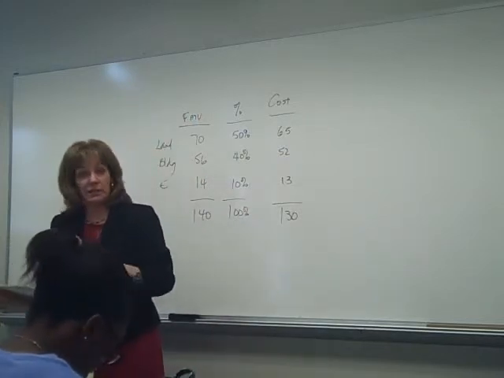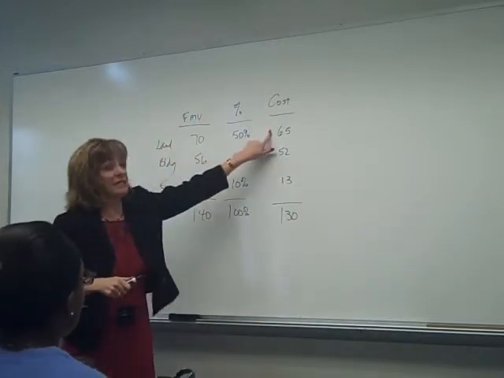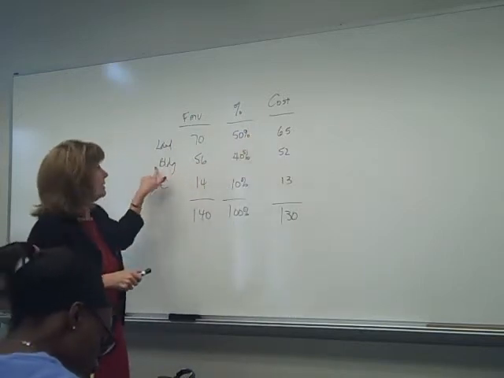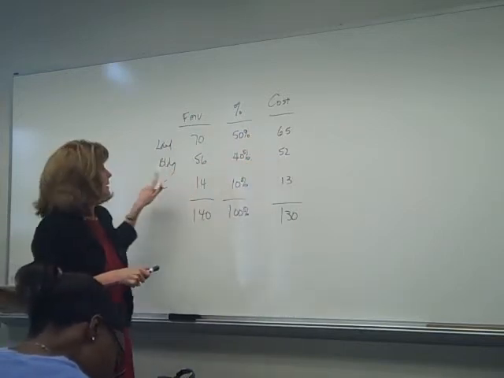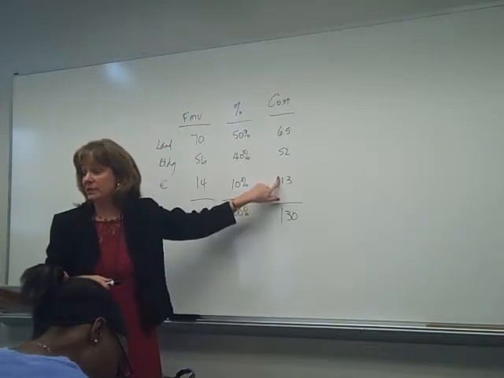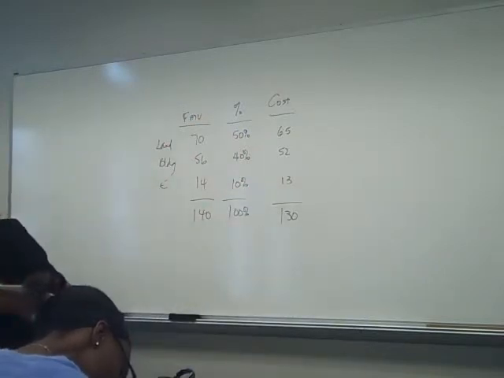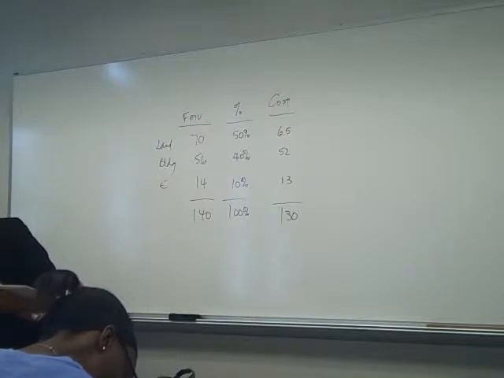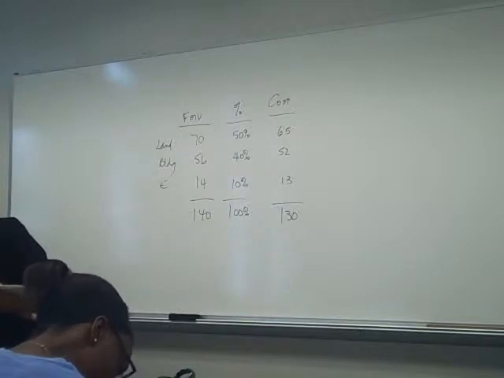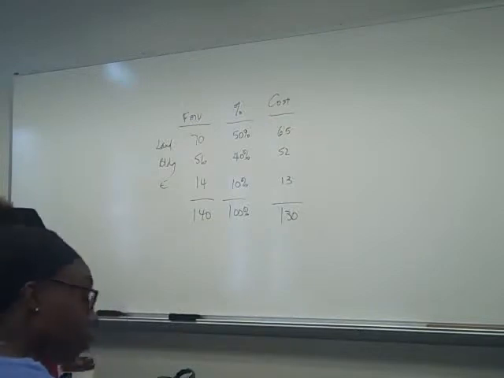And our journal entry is debit land 65,000, debit building 52,000, debit equipment 13,000, credit note payable 130,000. What page am I on? 588, short exercise 2, and your answer is right there.